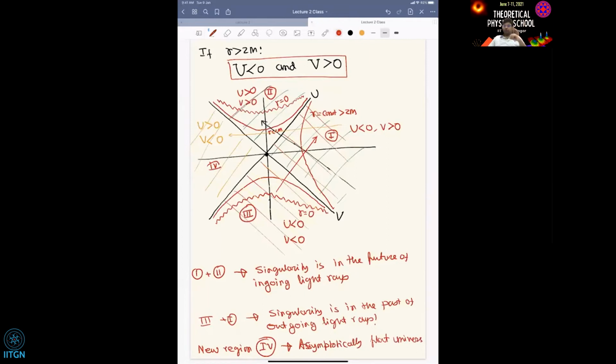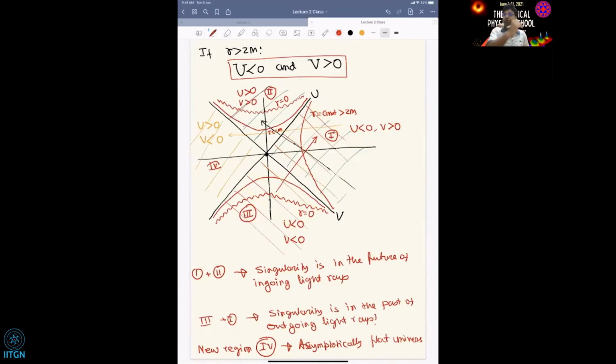Good. So this is the maximum analytic continuation. It turns out you have exhausted all your geodesics, spacelike, timelike and lightlike. That's all you have. So ultimately what you have after the maximum analytic continuation is the 4 regions of the Kruskal manifold. So the Schwarzschild geometry, when maximally analytically continued, represents 4 regions.